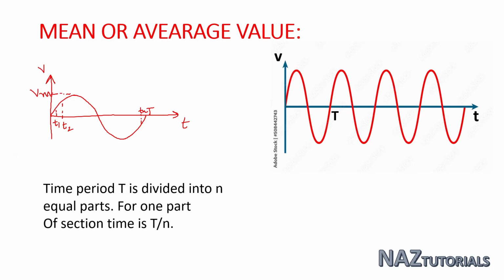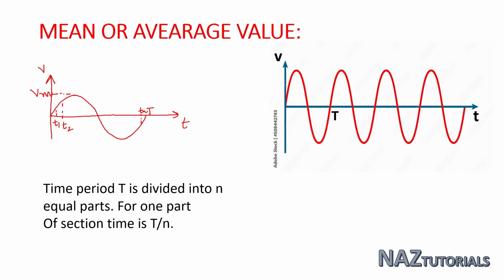For the calculation of the average value of an alternating waveform, we divide the waveform into small sections, n sections, each section having time t1, t2, t3 up to tn. So one section has time t by n, and we take the values at every instant.